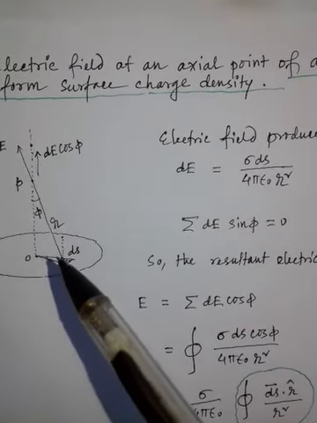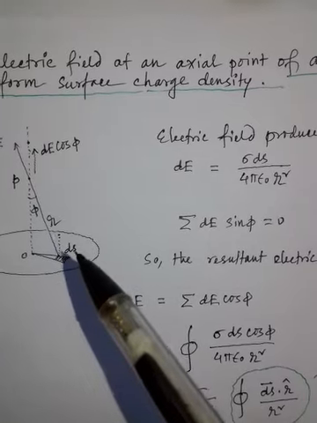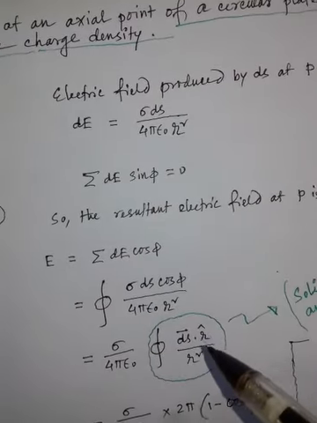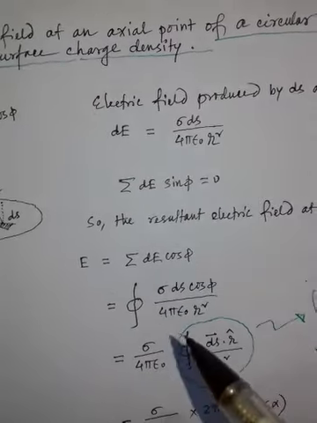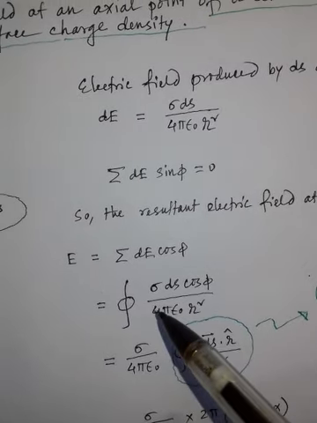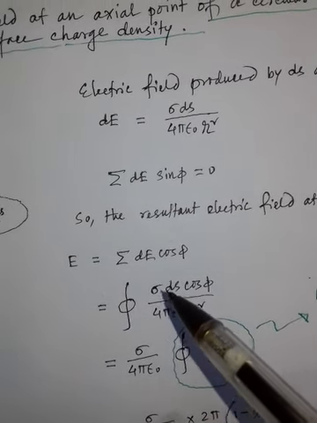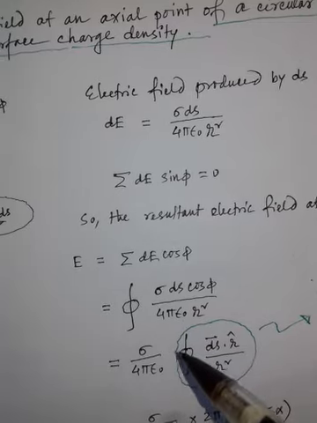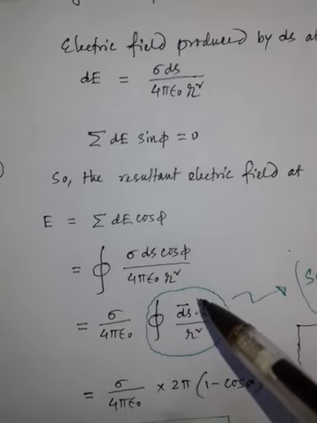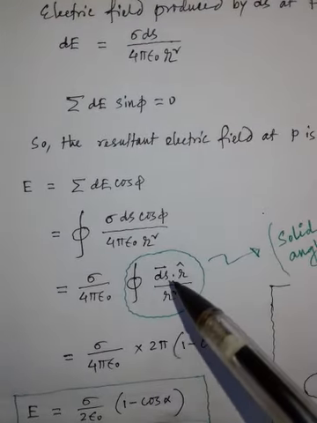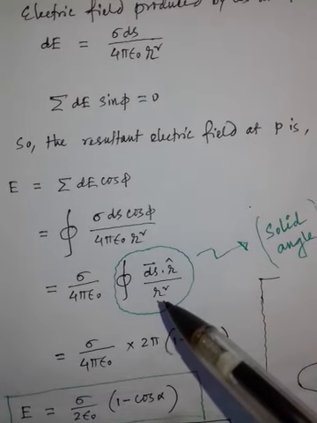So ds cos phi is nothing but ds dot r cap. So if we take the constant terms, that is sigma by 4 pi epsilon naught, outside the integral, we get the integral of ds dot r cap by r square.